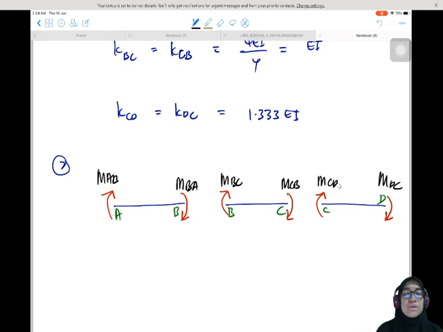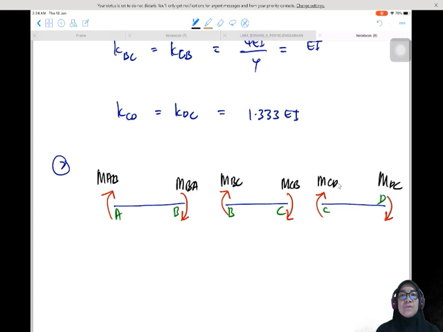So in this question, there are 3 members. So the number of stiffness factors is 3 because there are 3 elements in this system. For distribution factor, please remember that the number of distribution factors will be equal to the number of member end moments in the system.